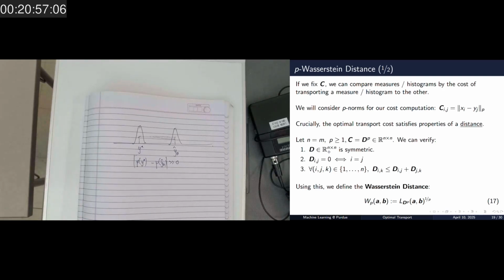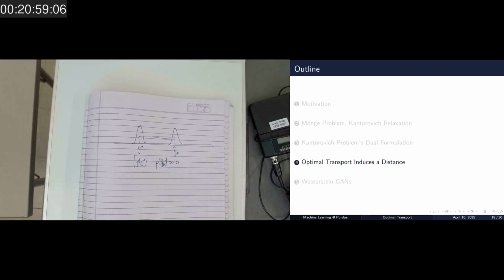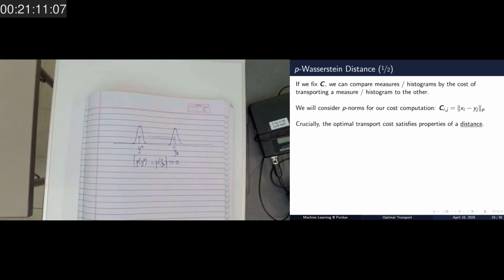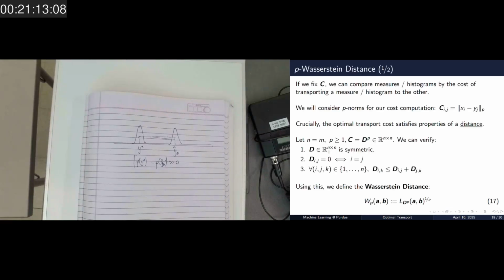This section is basically about how optimal transport induces metric properties. So yes, that's our topic. You came in late, so you probably missed the build up for this. Okay, what was the question again? I was just asking if you could apply RBF. Oh yeah.